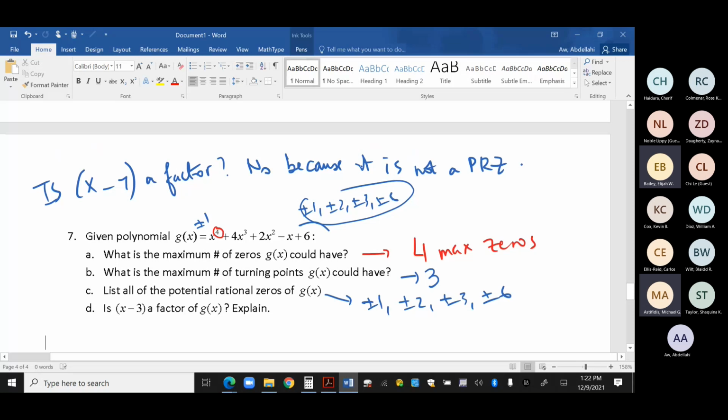Yeah. I mean, this is 7 right here. For sure, the 7 is not among the list. The 7 is not in the list for sure. It is not a 0 for sure. But this wording right here, what is wrong with this wording? Is it a very proper wording? Because it is not a PRZ.